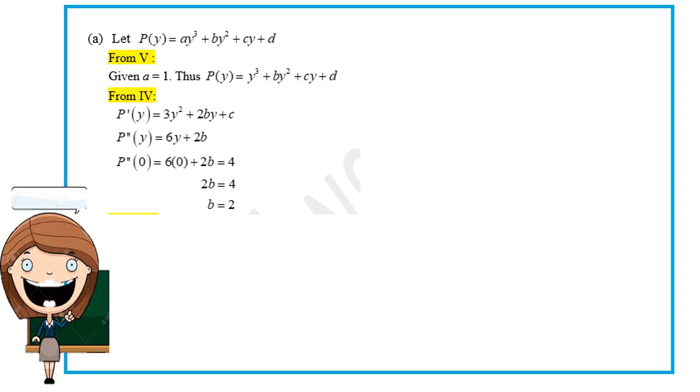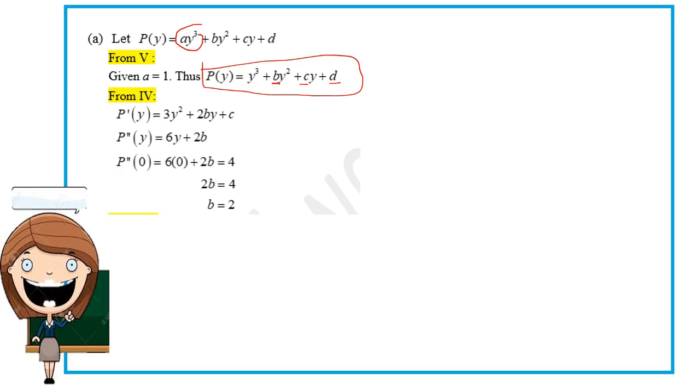So we may write the general form of the polynomial as ay cubed plus by squared plus cy plus d. From the information, the coefficient of the highest degree is 1, so the value of a should be 1. So we will have a polynomial y cubed plus by squared plus cy plus d. Now we only need to find the values of b, c and d.